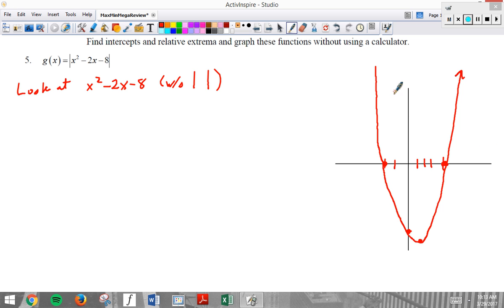It hit that point. So what's the absolute value do? The absolute value flips it so that all these points stay the same, and then it becomes a sharp turn at that point, and another sharp turn at 4.